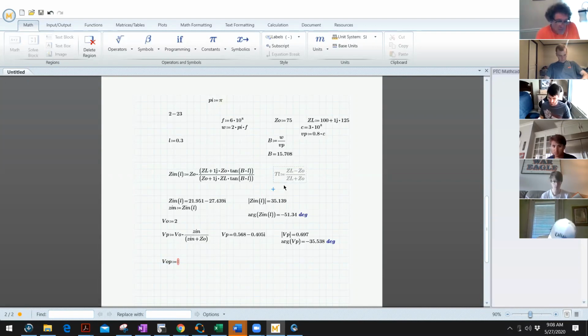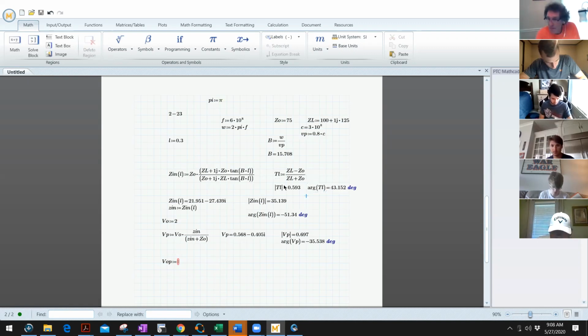And that means the reflection coefficient has a magnitude of that, and the argument is in degrees, right? I'm not going to spend time doing WYSIWYG with Greek letters, so I'm just using a capital TL as gamma L. Okay, class? And this is the definition of the reflection coefficient. The magnitude of it should be 0.593, and the argument should be 43.125 degrees. You all get that, don't you?